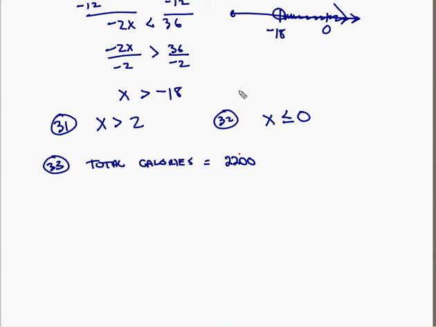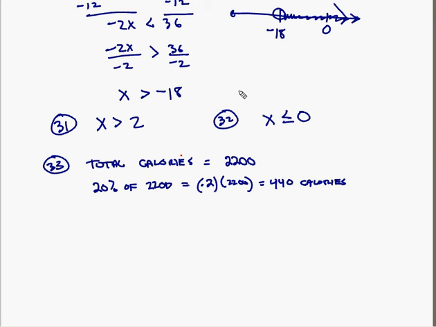So 20% of 2,200 is the same as 0.2 times 2,200, which gives me 440. So no more than 440 calories should come from fat.